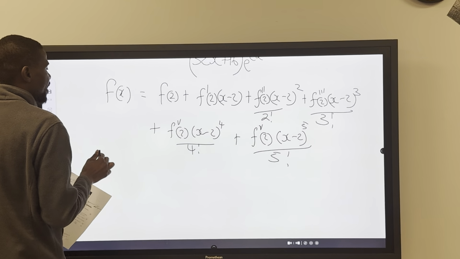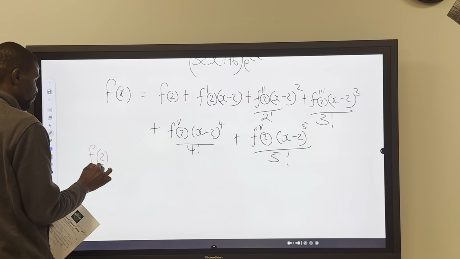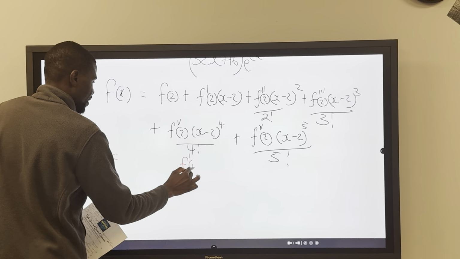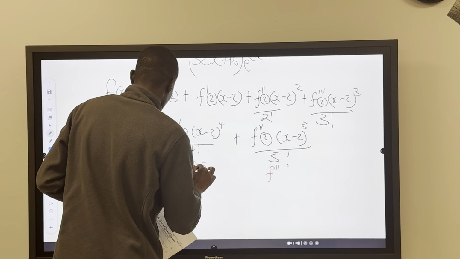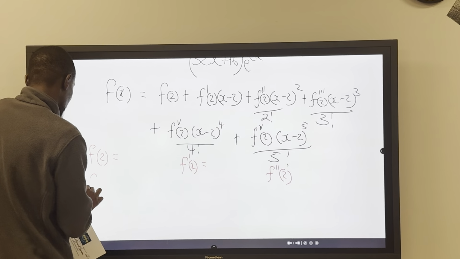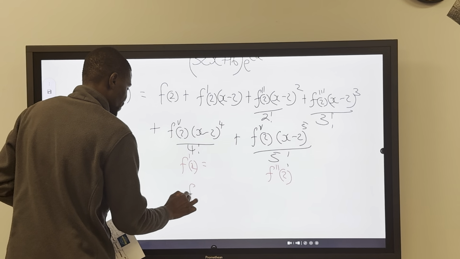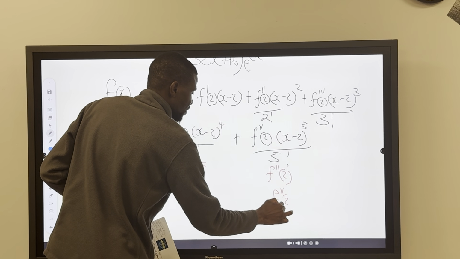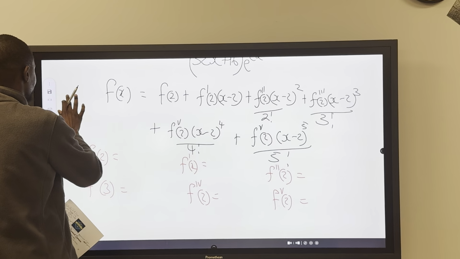So remember guys, we need this. Let me write them here: the derivatives at 2, the third, the fourth derivative, and the fifth derivative at 2, so that we can just plug them into the formula.